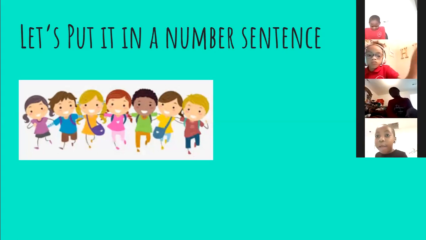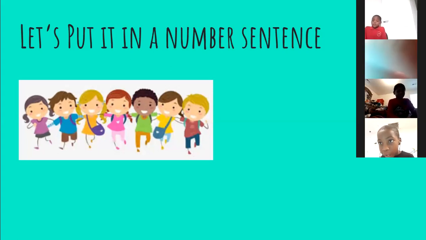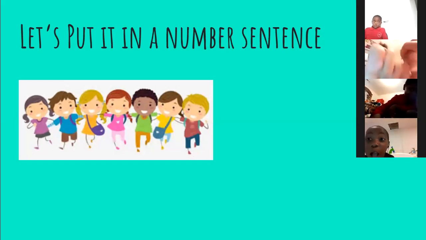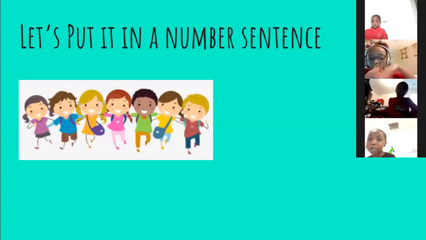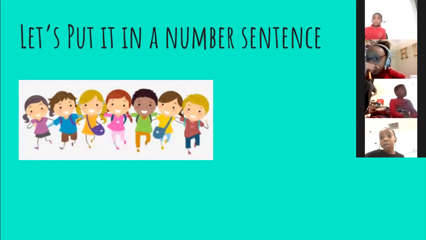And 3 does not. You sure? Look at it one more time. So 2 students have on yellow shirt. 1, 2, 3, 4, 5 students don't.